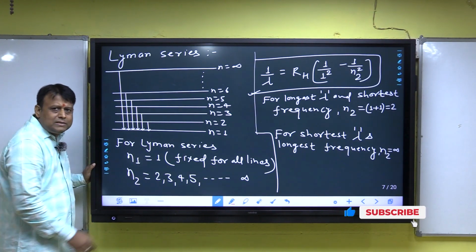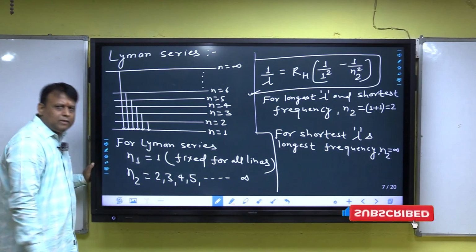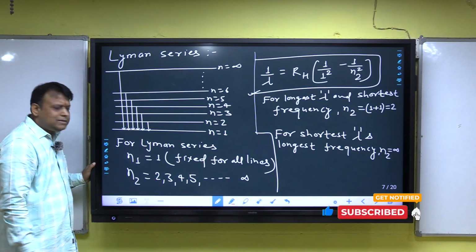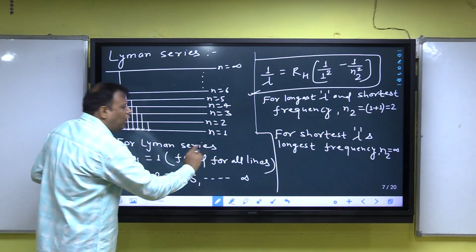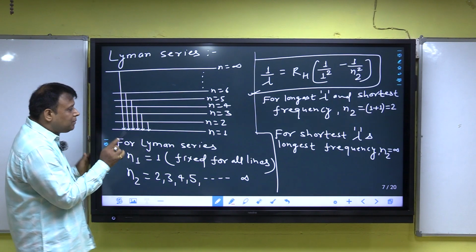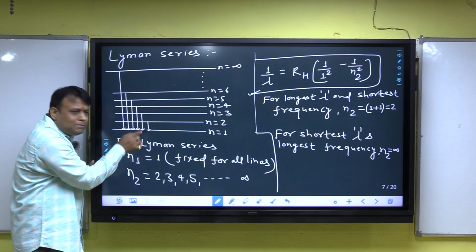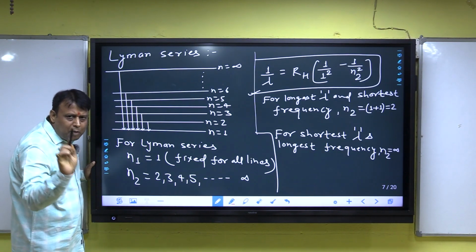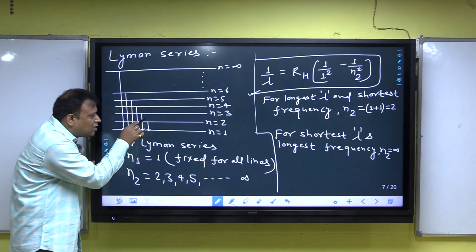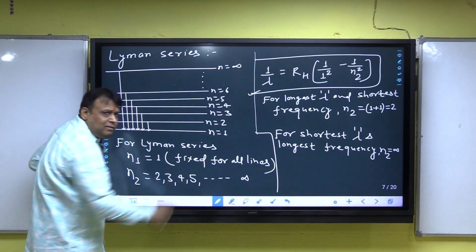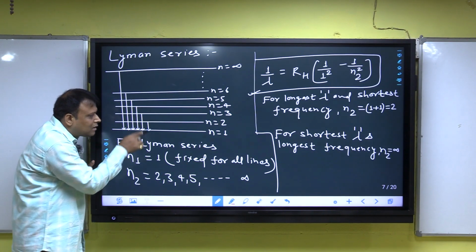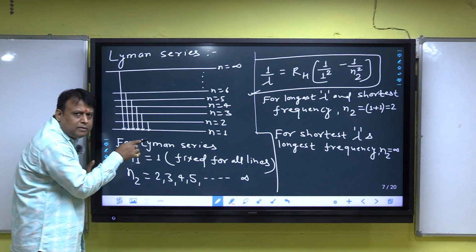and in the Lyman series, N1 is always fixed at 1, fixed for all lines. That means, listen, the first line of Lyman comes from the second orbit. One objective question: the first line of Lyman, because N1 is 1, comes from the second orbit.